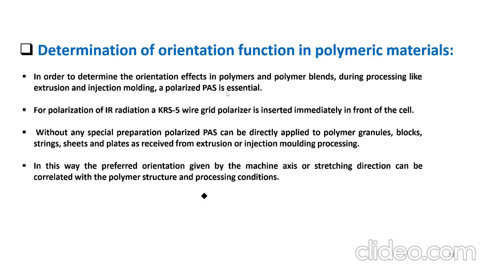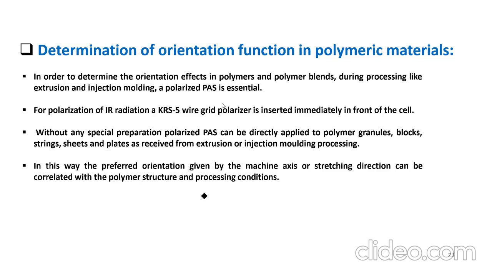In order to determine the orientation effects in polymers and polymer blends during processing like extrusion and injection molding, a polarized PAS is essential. For polarization of IR radiation, this KRS grid wire is used, and it is inserted immediately in front of the cell.